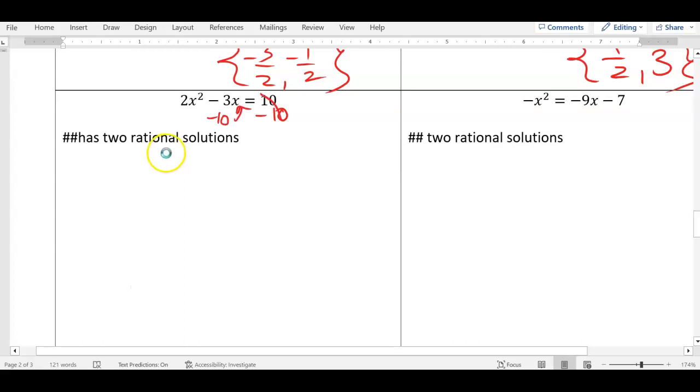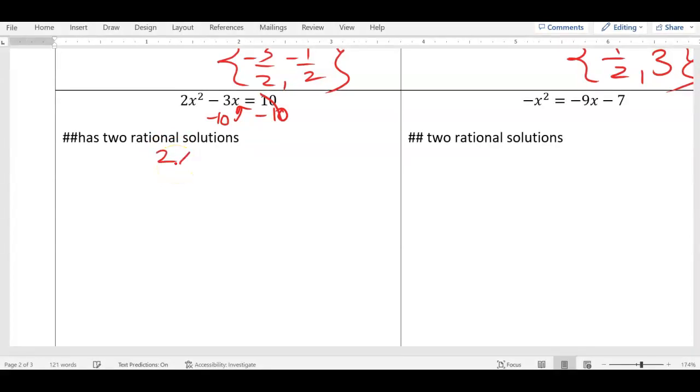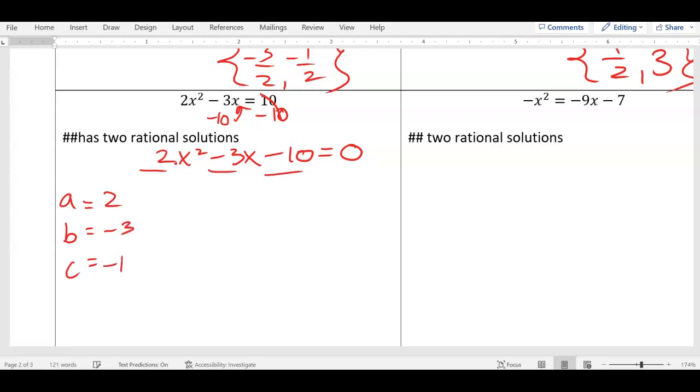So now I will have 2x squared minus 3x minus 10 equals 0. Now that it's equal to 0, I can write my A, my B, and my C. A is 2, B is -3, and C is -10.